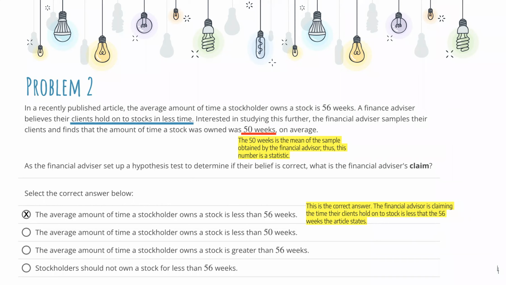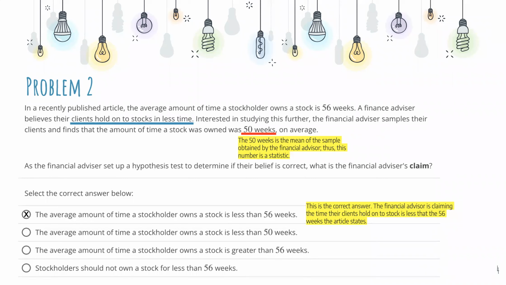So again, 50 weeks is coming from the sample that the financial advisor obtained. Thus again, this 50 is your statistic. So that is your new number, the number that you are going to use as evidence for your claim.